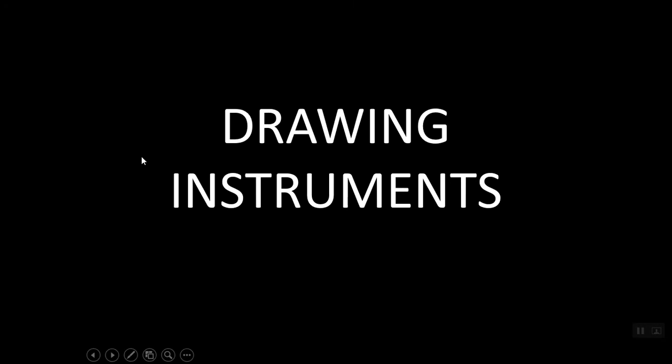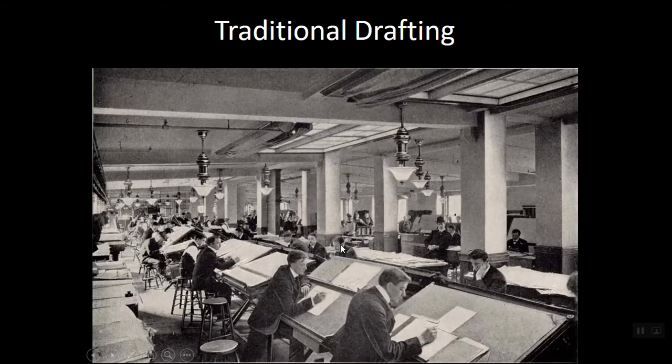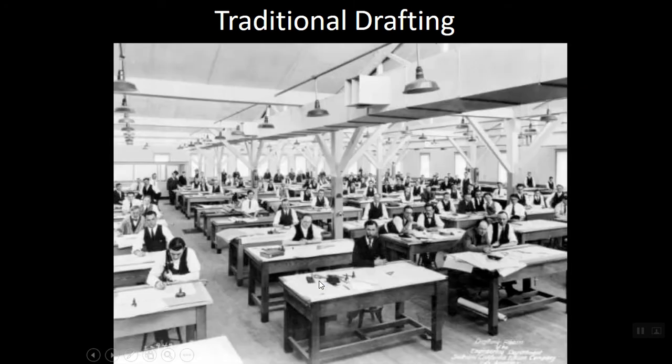We're going to be talking about instrument drawing today, or drawing tools that are used in drafting and technical drawing, technical illustration. Of course, what we want to understand is that for a very long time, for 300 years, technical drawing, engineering graphics, military drafting, description of construction for fortifications, all of these kinds of technical drawings were done using drawing instruments on a drawing board by people who had some very high level technical skills.